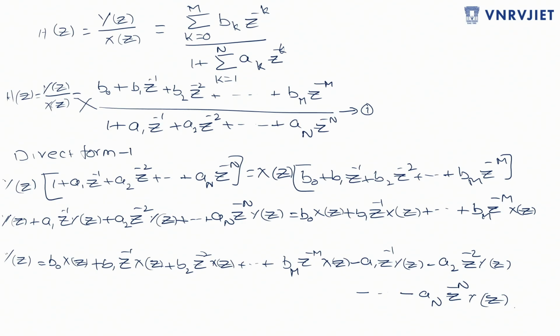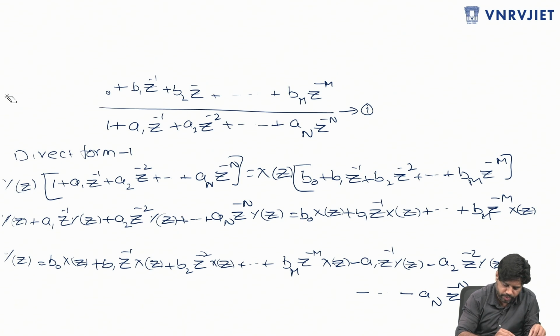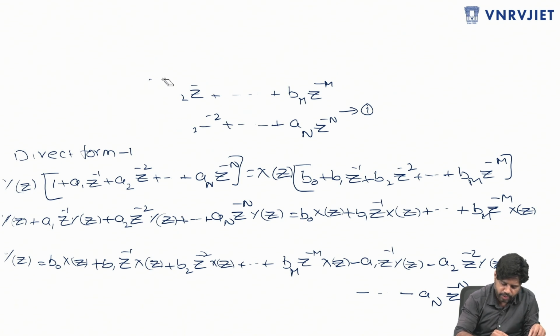So now we will represent this equation in the block diagram representation, and this formation is called the direct form 1 structure. Now we will see how that direct form 1 structure will be implemented. If you understand this direct form 1 structure, then the direct form 2 structure will be very easy to understand, so please concentrate on the direct form 1 realization.